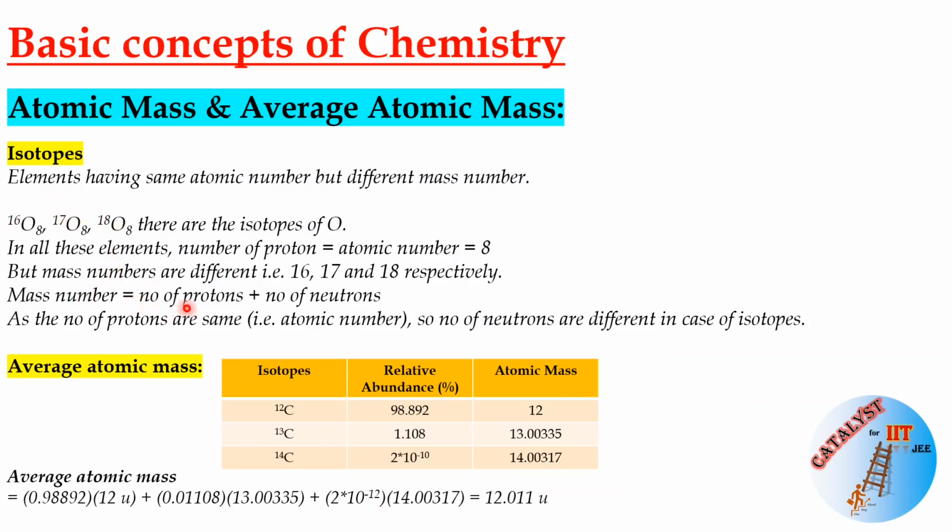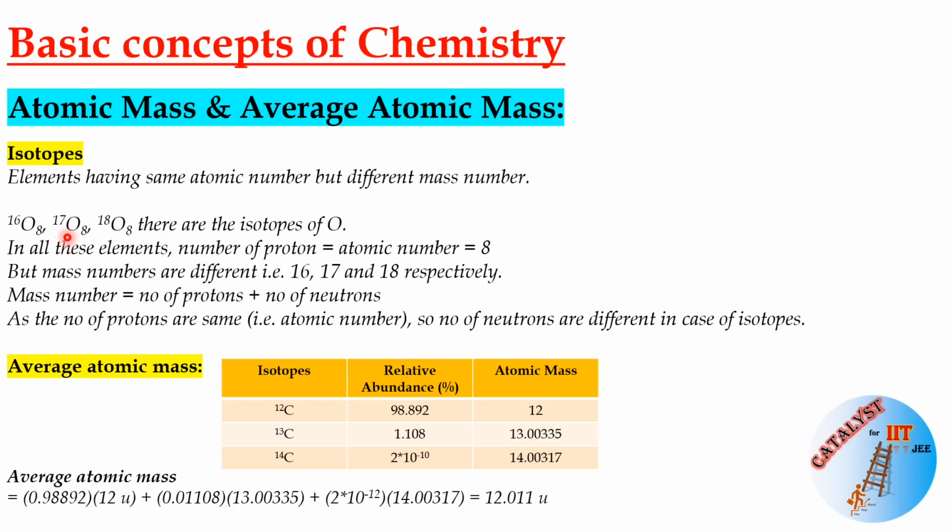Now, mass number is the number of protons plus the number of neutrons, but you have already seen that the number of protons is 8 in all these cases. So the number of neutrons is different in all these cases. Here the number of neutrons is 16 minus 8, which is 8.